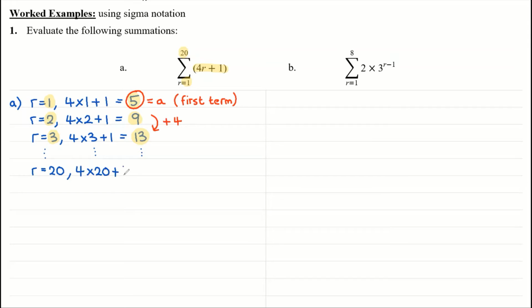And then if I add 1 to it, that's going to give me 81. Now, this is very handy information indeed. I'm just going to make a note of this. This is the last term. And if you remember, we called the last term L. So this is the last term.